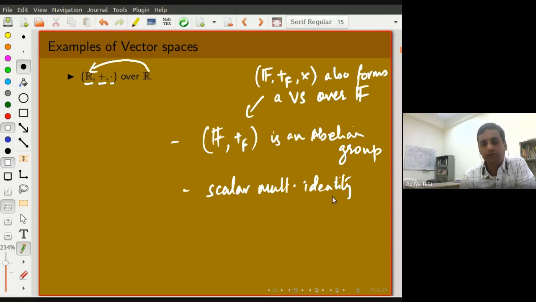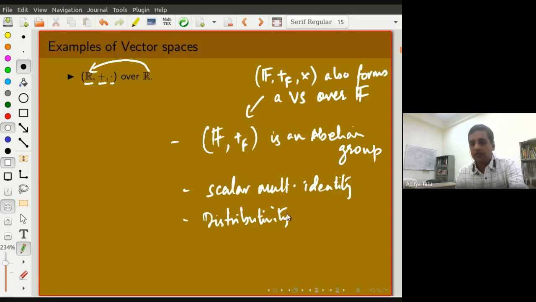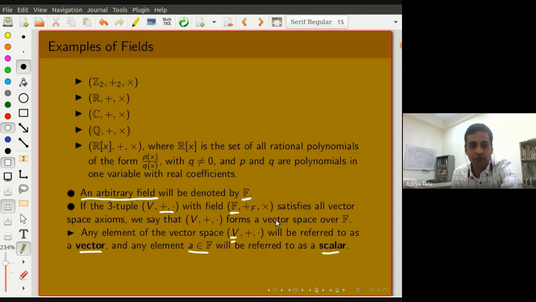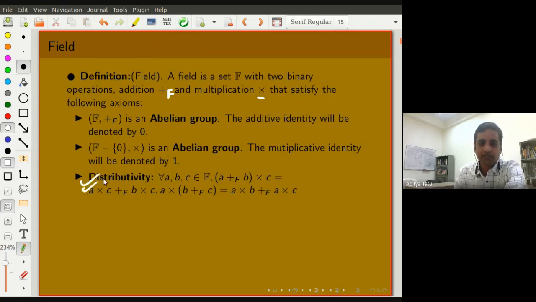So of course there has to be an identity. What else? Distributivity comes from the field axiom itself. This is capturing distributivity in the vector space also.